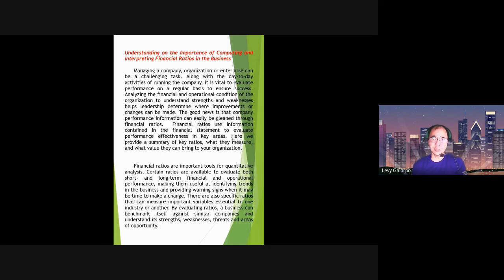Analyzing the financial and operational condition of the organization to understand strengths and weaknesses helps leadership determine where improvements or changes can be made. So, sa pamamagitan ng pagka-analyze na ito, nakikita agad natin saan ang flaws, saan dapat baguhin, okay? Sa maagang panahon, pwede na agad mag-improve. The good news is that company performance information can easily be gleaned through financial ratios. Okay. Now, financial ratios are important tools for quantitative analysis.